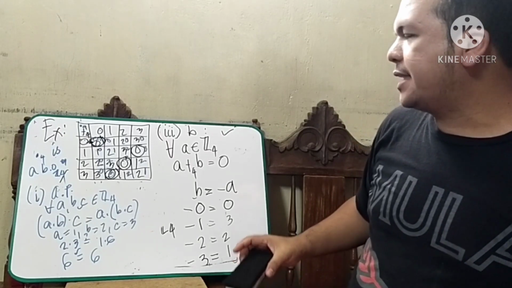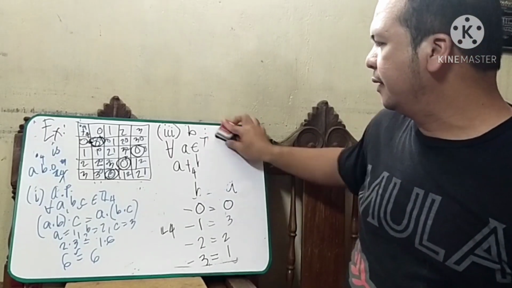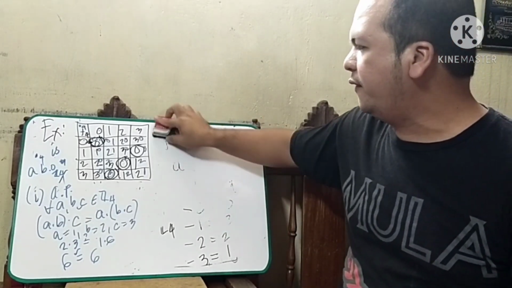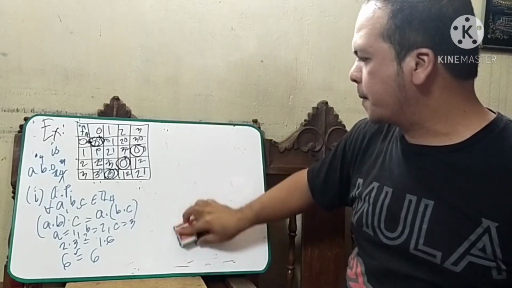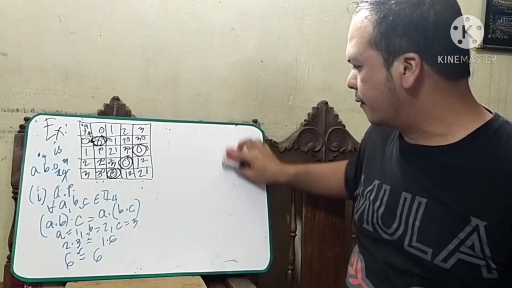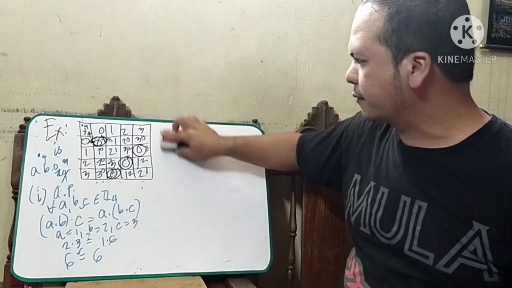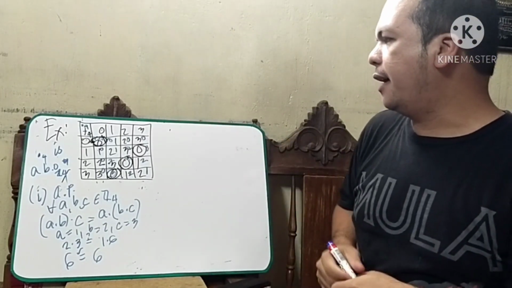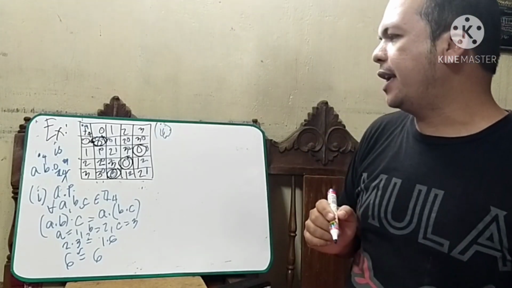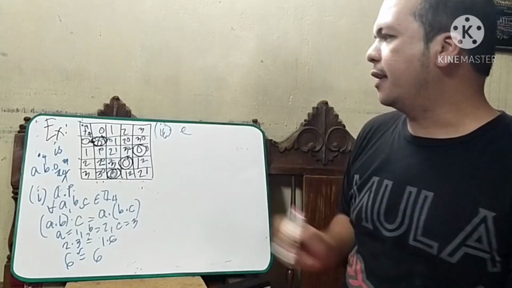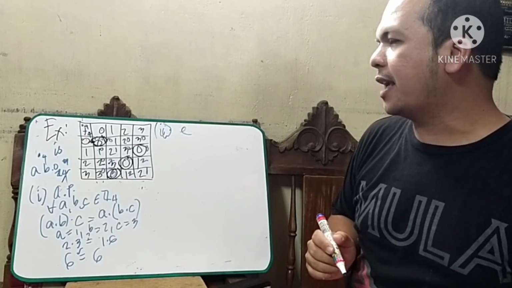Now the second property is the existence of an identity element. Thus the identity element exists.